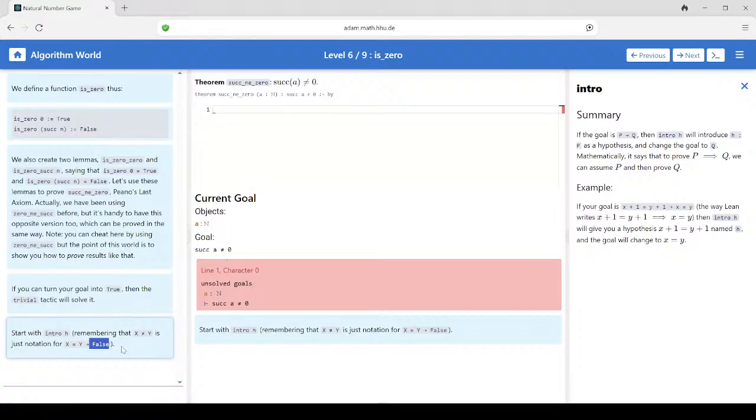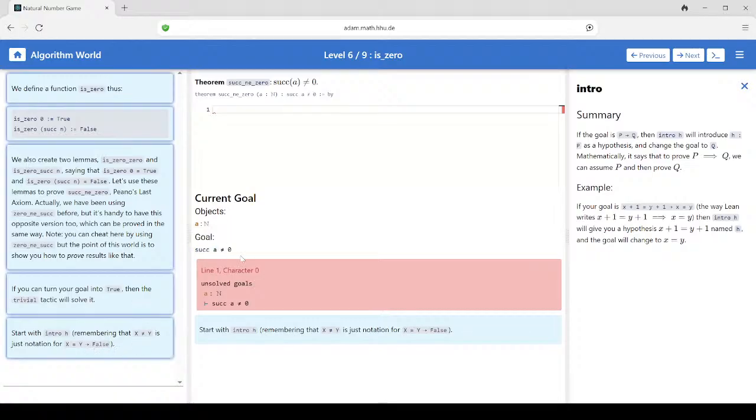That your goal is the word false. You have to prove that false. I'm not sure I understand that. But anyway.